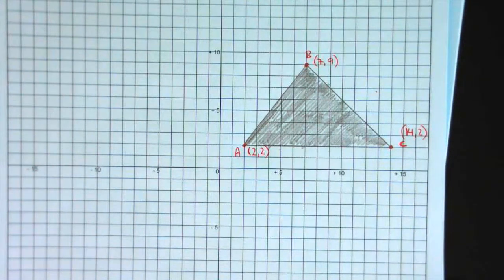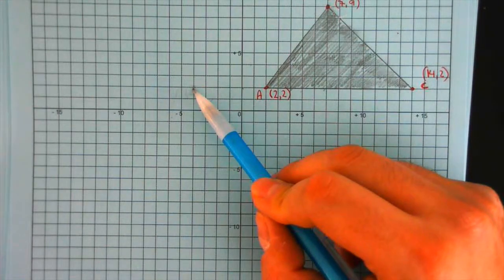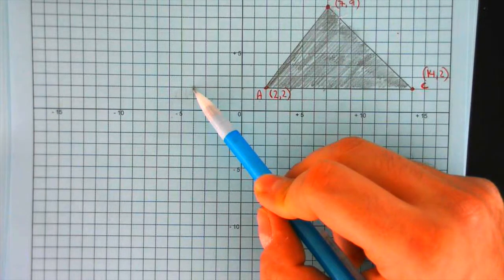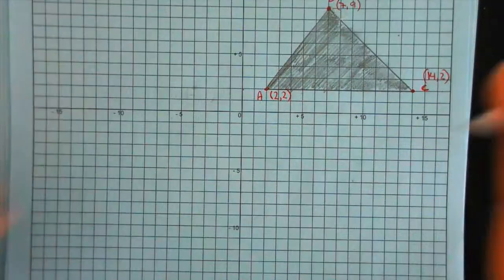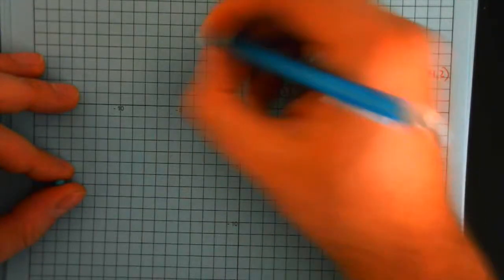Do we agree or disagree that A prime will be at -4 if we're going 6 units to the left, which would be right here? And now what do we have to do? How many units up did we say? 3 units. 1, 2, 3.